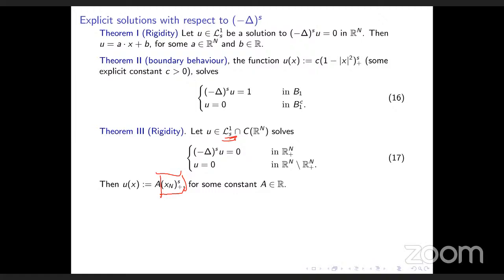This is the reason why you have all these restrictions, and why you cannot have many functions.